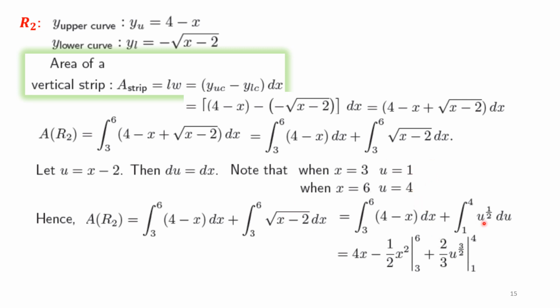So 2/3, because that's u to the 1 half, that will be u to the 1 half plus 1 all over 1 half plus 1 will give you this, 2/3 u to the 3 over 2 evaluated from 1 to 4. Simplifying further, you try to solve for the value, you'll have 19 over 6 square units.